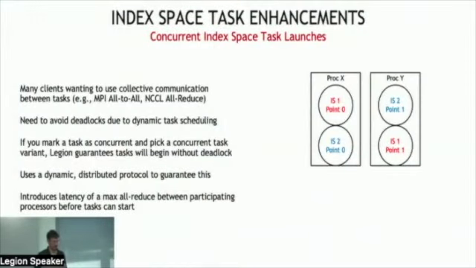Each point task is scheduled independently of each other. We want that to be the default for performance reasons for most index-based task launches. But if you do need this special property, you can effectively ask for it. It does add a little bit of overhead. There's a dynamic protocol that adds just a little bit of latency to make it safe, but it does guarantee the safety of using these kinds of collectives inside your tasks.